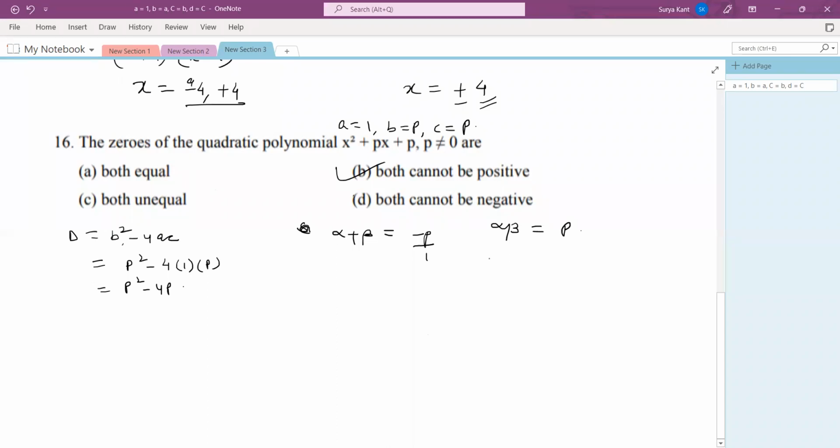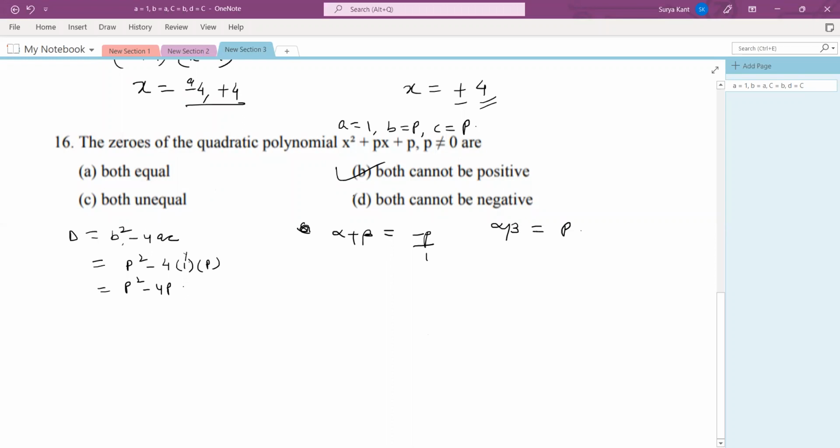The same thing is given. Sum is positive, product is negative. Sum is positive, but sir, it has also been taken as negative. You can check that part. If k is negative and if k is positive, right?